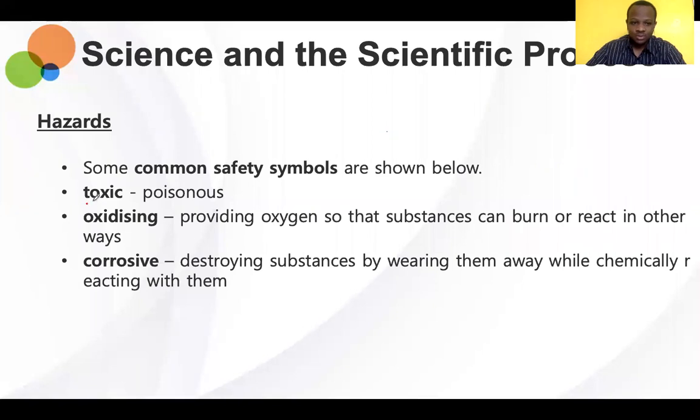So we spoke about toxic, and we came across corrosive. Toxic means that it is poisonous, and oxidizing means it provides oxygen so that substances can burn or react in other ways.